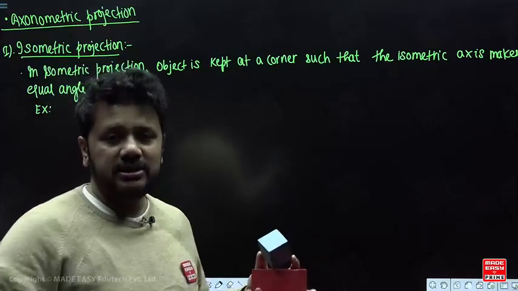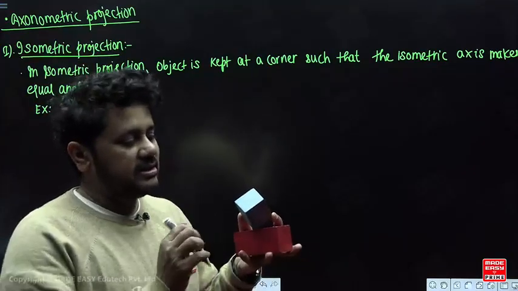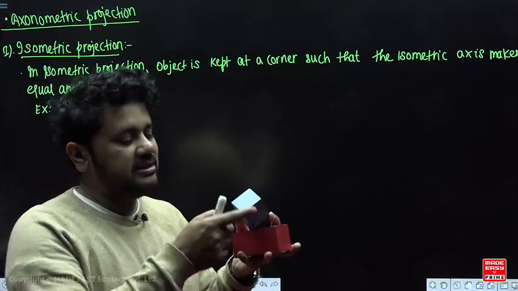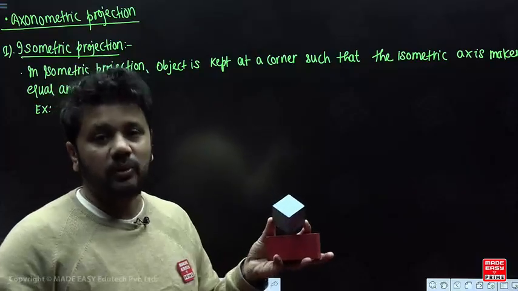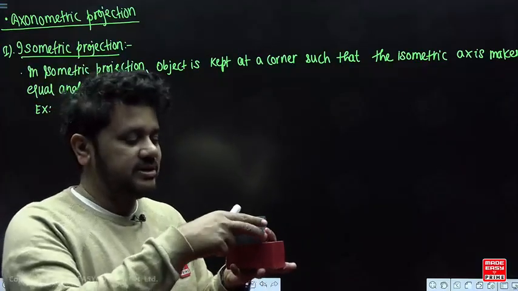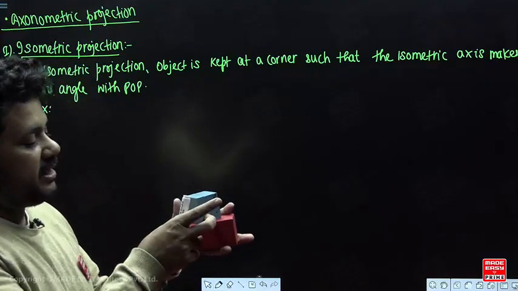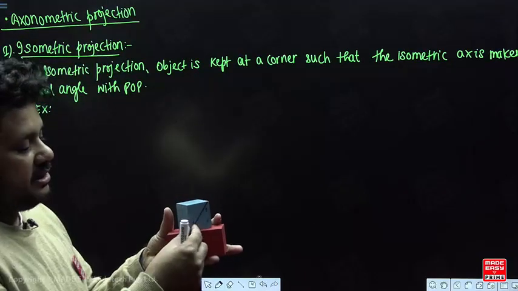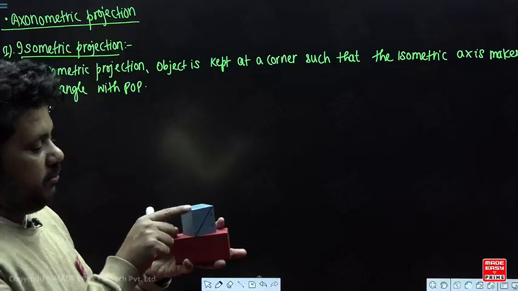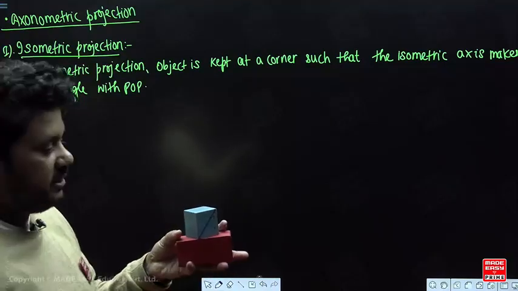Now, moreover, iso means equal, metric means length. So these three lengths are also seen to be equal in length, right? For example, suppose this is 3 centimeter. From the front it will look 3 centimeter, but if I do like this, equally inclined to the vertical plane, that means this angle and this angle are the same.